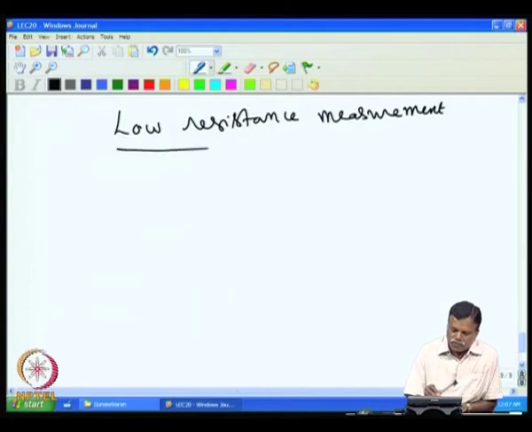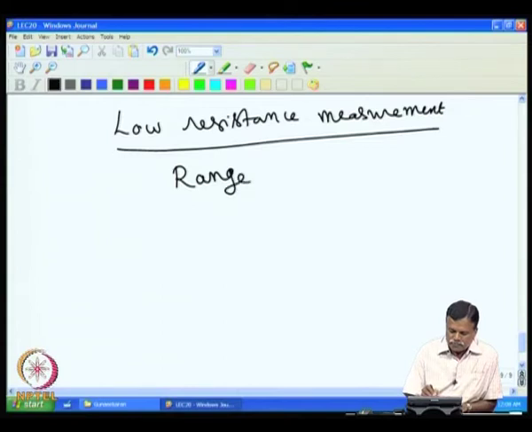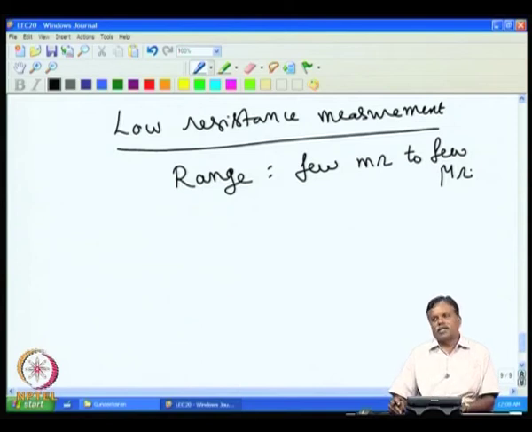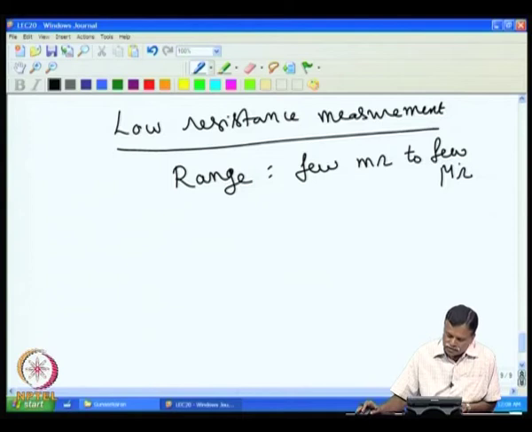Assume it is a few milliohm resistance range, few milliohms to few microohms. If this is the range of resistance that is to be measured, then what is the problem that one encounters in this kind of measurement?